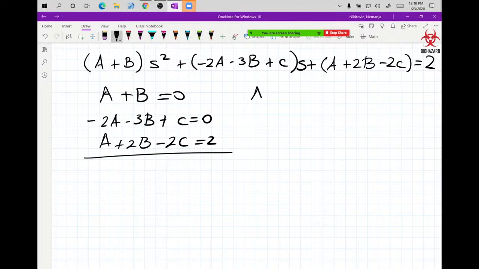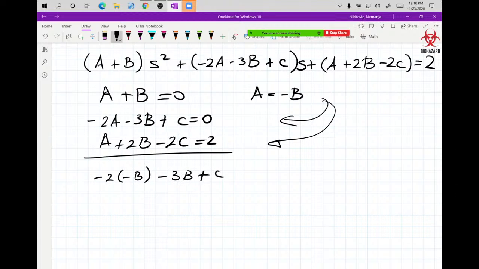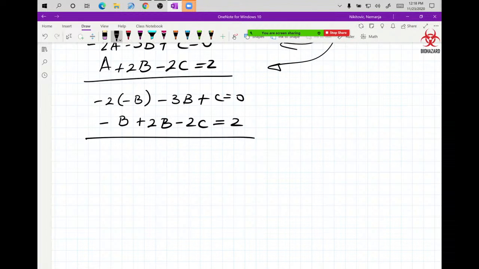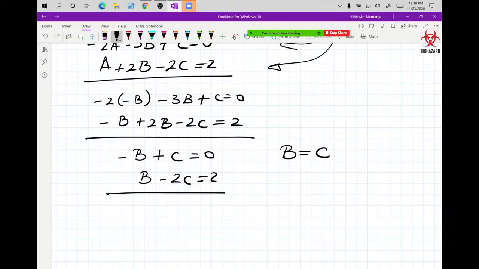Okay, so the top, A is negative B, or B is negative A, I don't care. So now plug that into both of these equations. So negative 2 times negative B minus 3B plus C equals 0. And negative B plus 2B minus 2C equals 2. When you simplify, that's going to be negative B plus C equal to 0, so B is equal to C. And the bottom equation is B minus 2C is equal to 2.